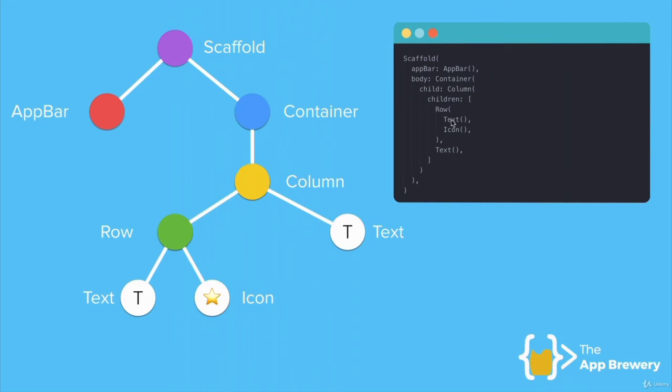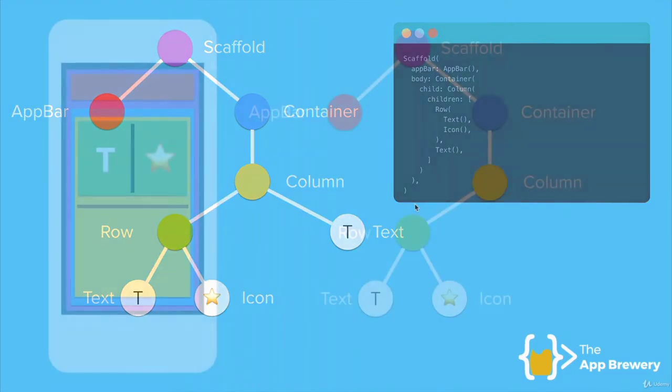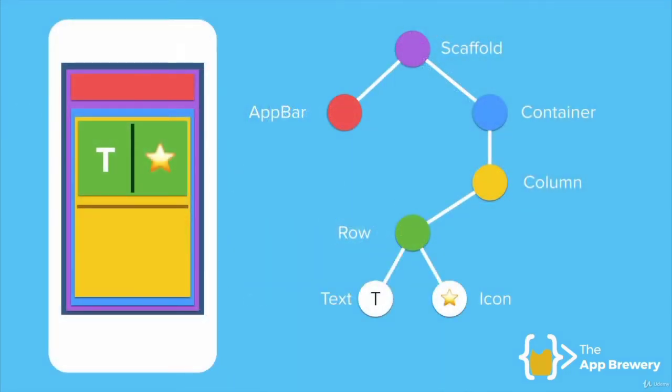Inside our column, we have two things, a row and some text. And inside our row, we have another two things, some text and some icon. And this is how you would represent this tree or this design in Dart code. So creating a user interface like the one we have here is as simple as writing a few lines of code like this.